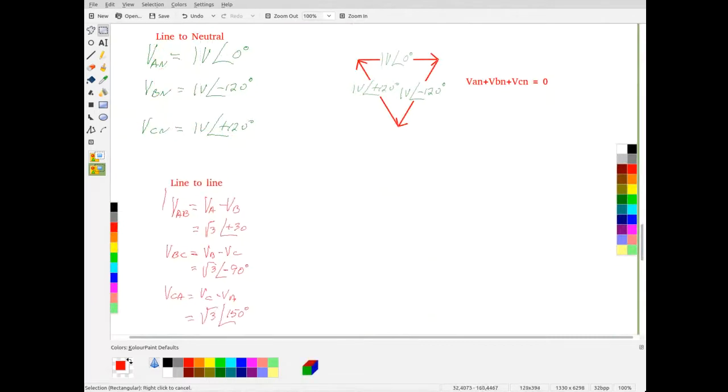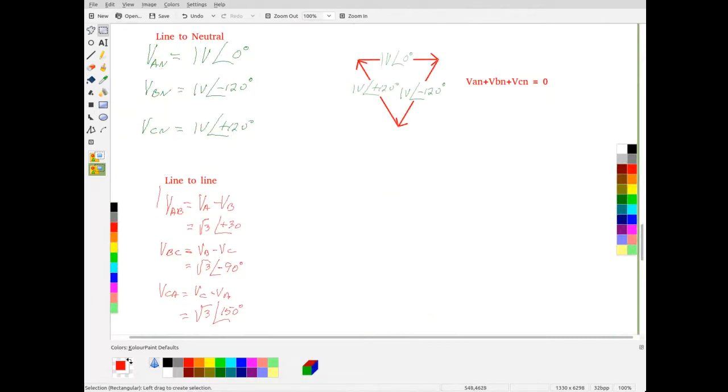So here are those line to lines. And so I'm going to take the first one. All right, so this is the square root of 3. Okay, so this first one is my reference. Okay, so I'm just taking this here so I get the length correct.